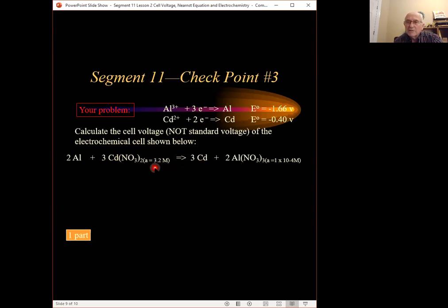It's actually called activity. And in dilute solutions, the activity and the concentration are the same. Now, when you get to quant, they'll really hammer on the difference between molar concentration and molar activity. Activity is the effective concentration.